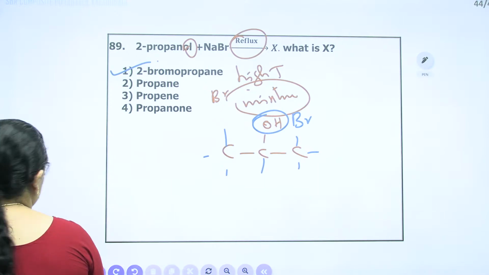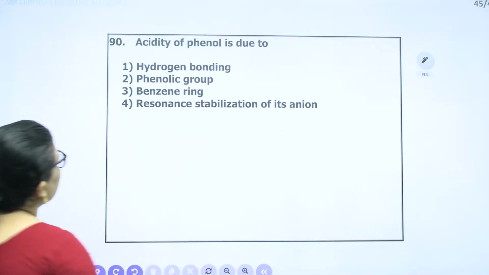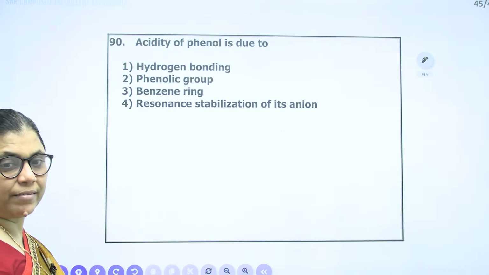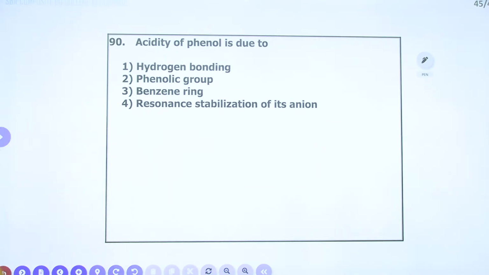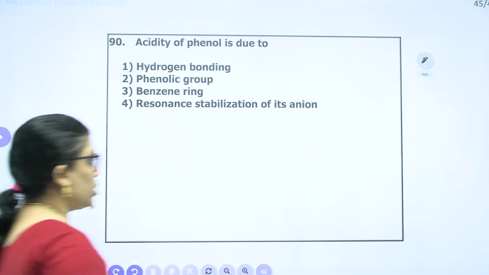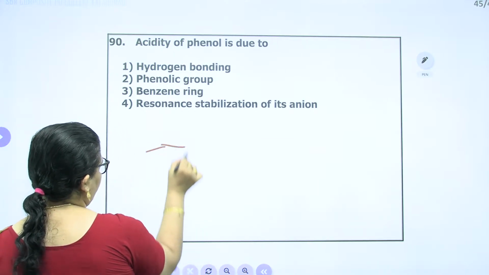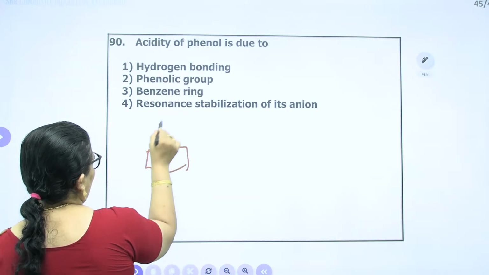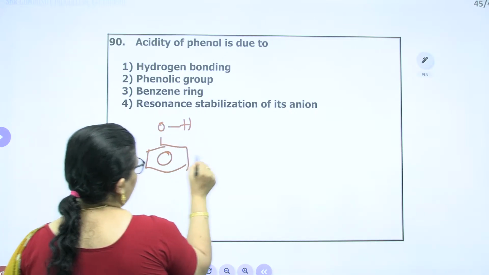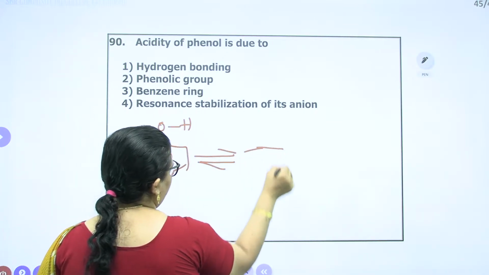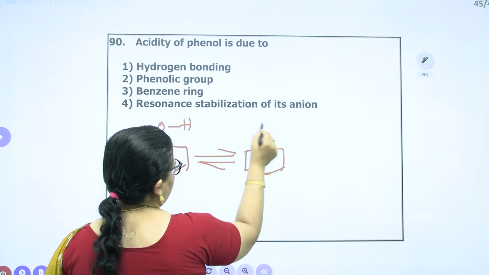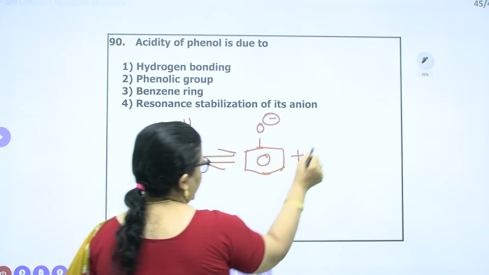Question number 90. Acidity of phenol. As I said earlier, phenols are acidic in nature. What is the reason phenols are acidic? Phenols are acidic because they can form phenoxide ion plus H+.